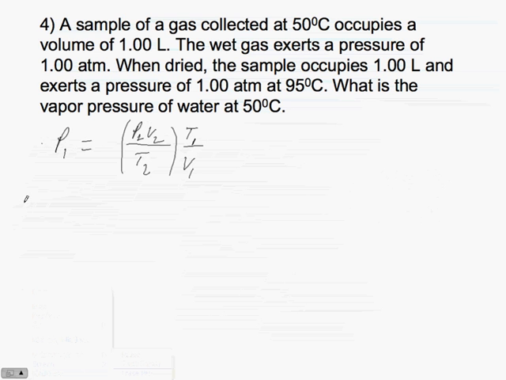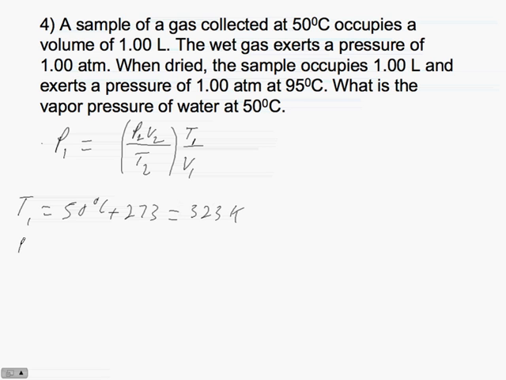We know that our T1 is equal to 50 degrees Celsius. We can convert that to Kelvin, which gives us 323 K. We know that our V1 is equal to 1 liter. We know that our P1 is what's in question.